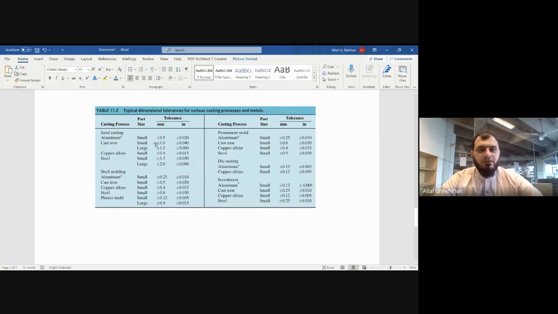For cast iron, if it is a small product, it is 1.0, and for large dimensions such as length or width or other geometric attributes, it differs. For copper, steel, and others you can go through the list. For permanent mold, the values will differ. For aluminium it is plus or minus 0.25, and for cast iron it is plus or minus 0.8. These tolerances must be measured and properly accounted for in the design of the casting itself.